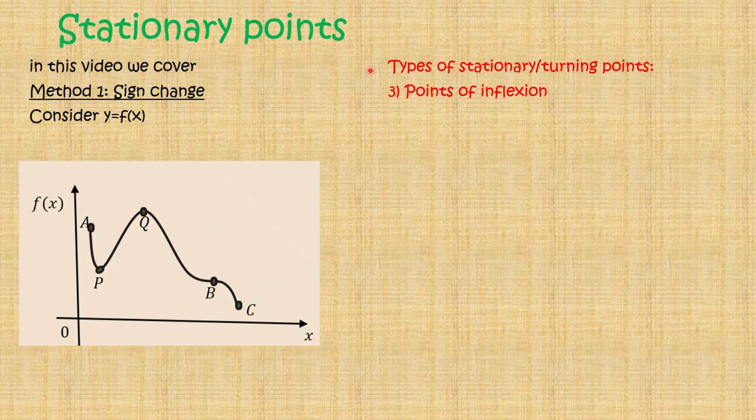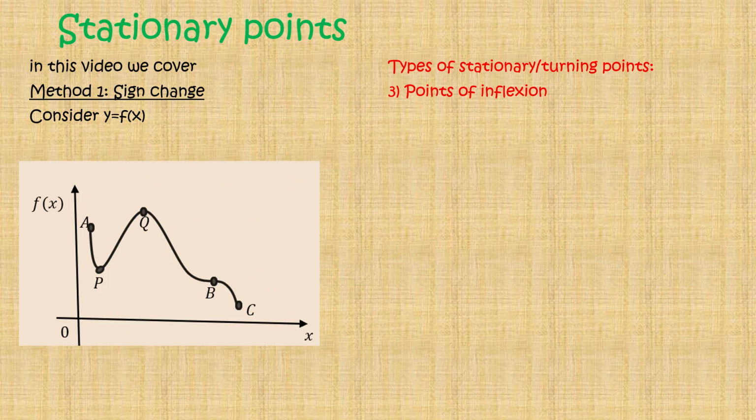Let's move on to the final type of turning point. So we have what we would refer to as the point of inflection. So this is not really a turning point because it still maintains the gradient before and after. We still have the same gradient, though the dy dx is equal to 0 at that particular point. So this one is not necessarily a turning point per se.